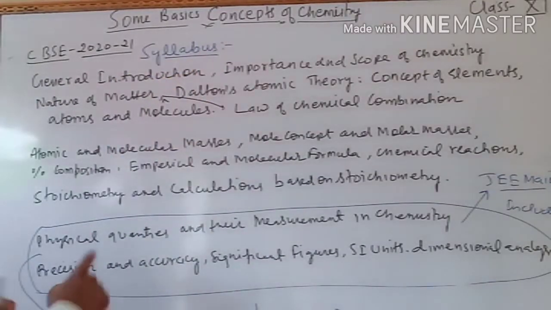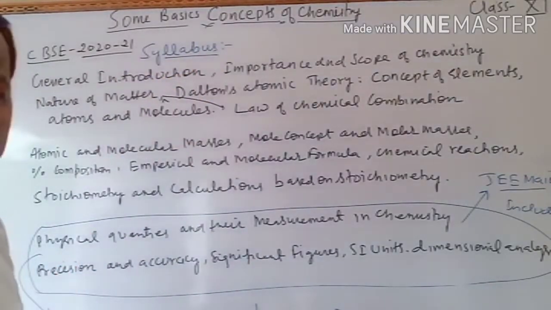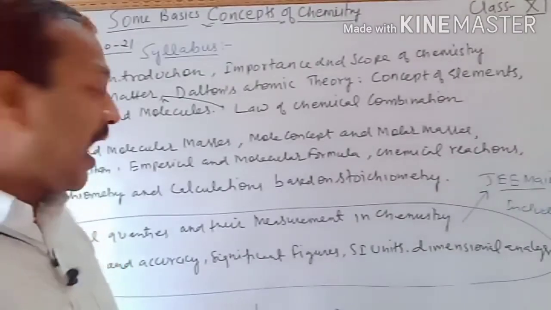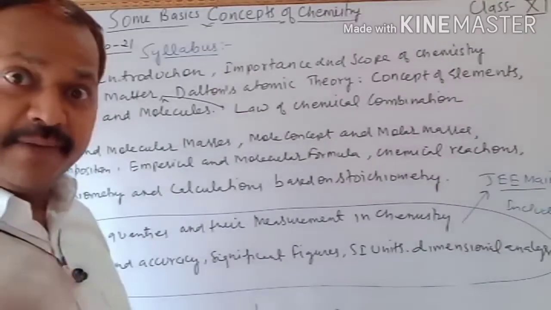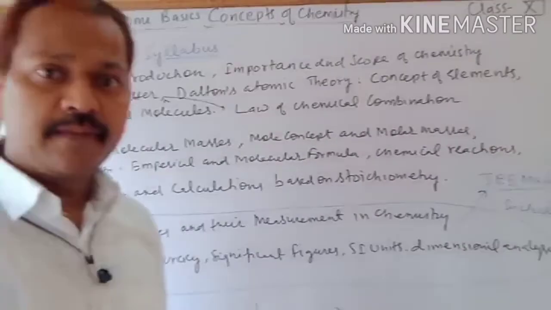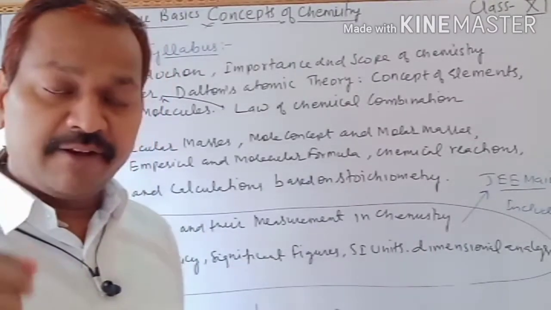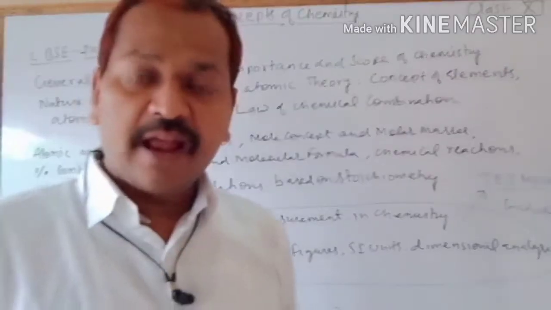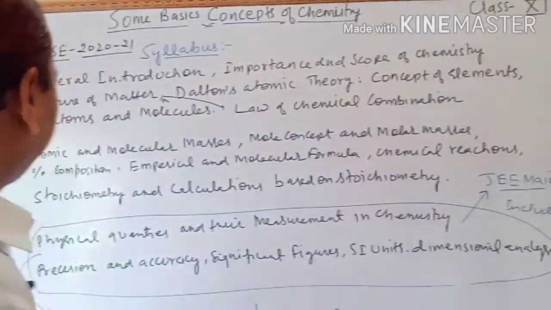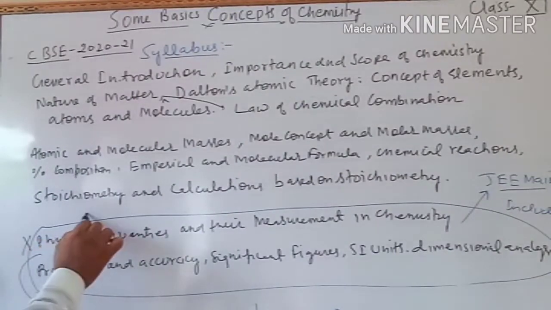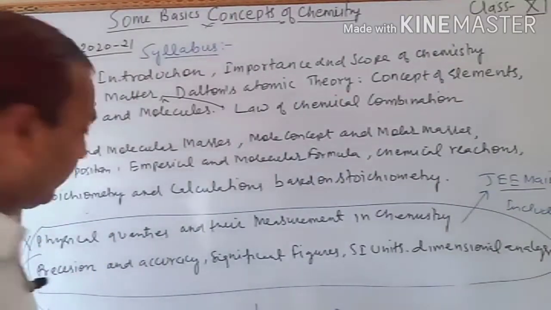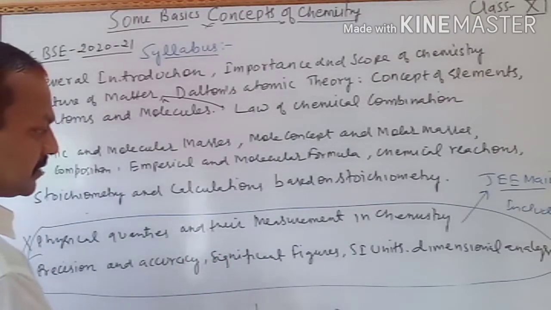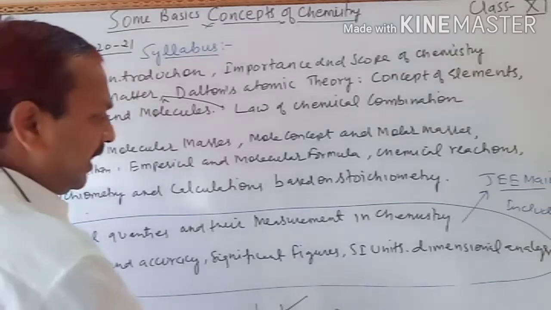Now see, below we have written physical quantities and their measurement in chemistry, and precision, accuracy, significant figures and calculation of significant figures, SI units and dimensional analysis. This portion is also available in your NCERT, but at present these two topics are excluded from the CBSE syllabus, or the NTA NEET exam.